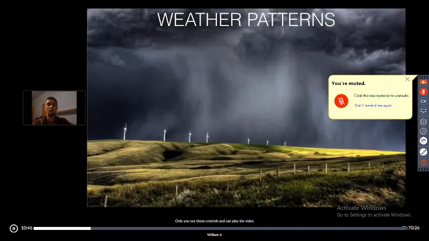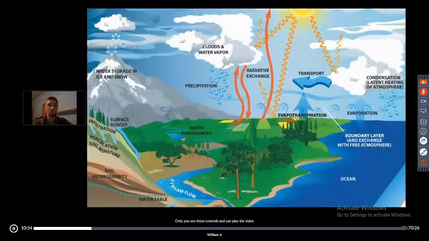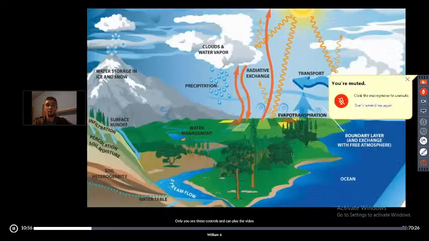Okay, so the first one is the weather patterns, and here, weather is a complex thing, influences everything, but we categorize weather to a degree that we say it's hot or cold, wet or dry, calm or stormy, clear or cloudy, but all weather actually exists because of the sun and, of course, the unique position of Earth in space.